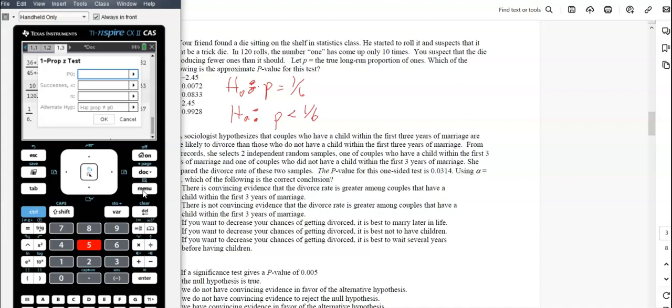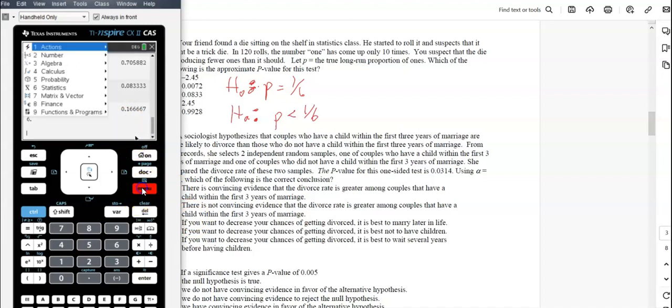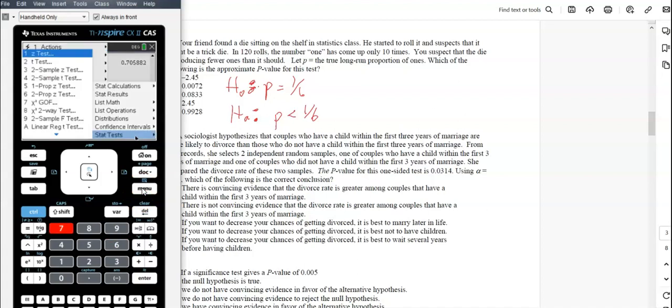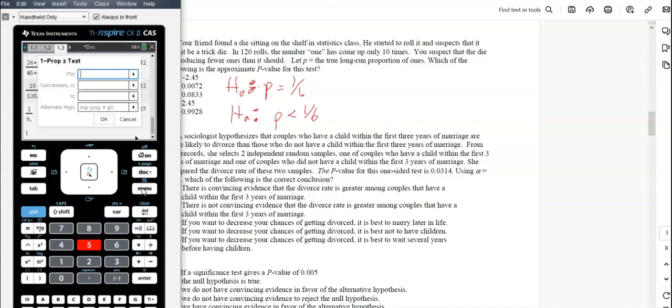Menu 675, and you get the one-prop z-test there. The null is 1/6, 0.166666.